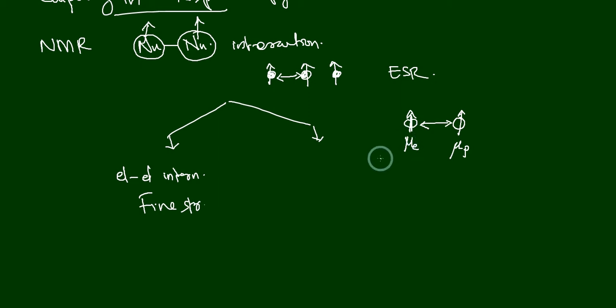So the coupling is due to this reason also, that is the electron-nucleus coupling, or interaction. And if this is the reason for the splitting in the ESR spectrum, then that is called the hyperfine structure.